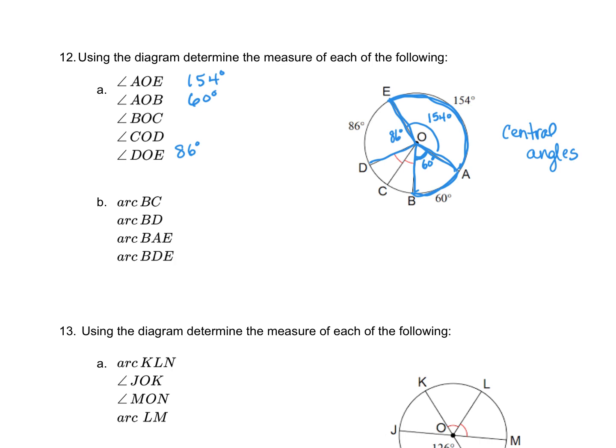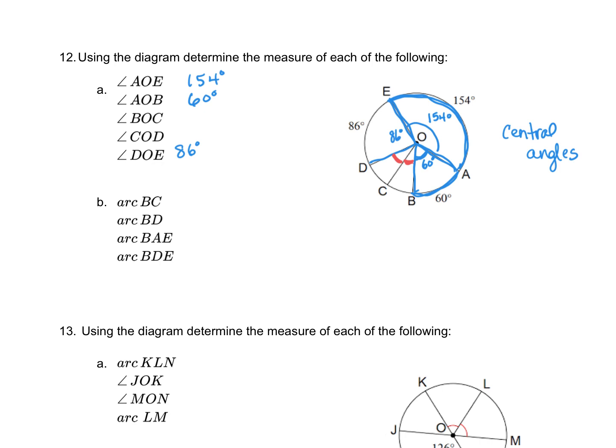And then the last two, BOC and COD, if you'll notice, these two arcs are congruent. And I'm sure some of you are thinking, well, how can we know what the measure is, because we're not told what the arc is.